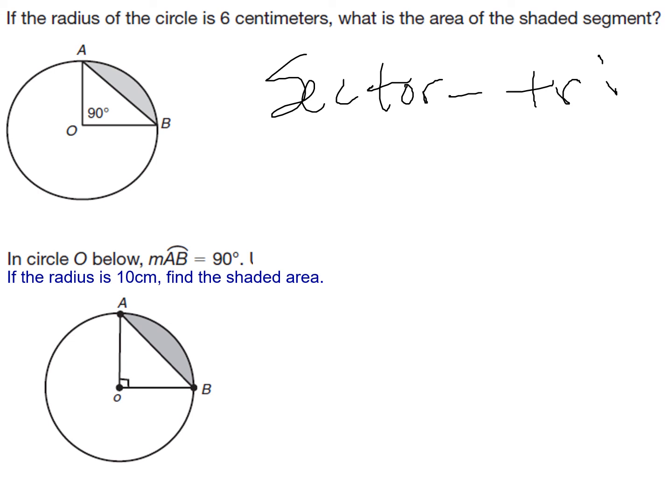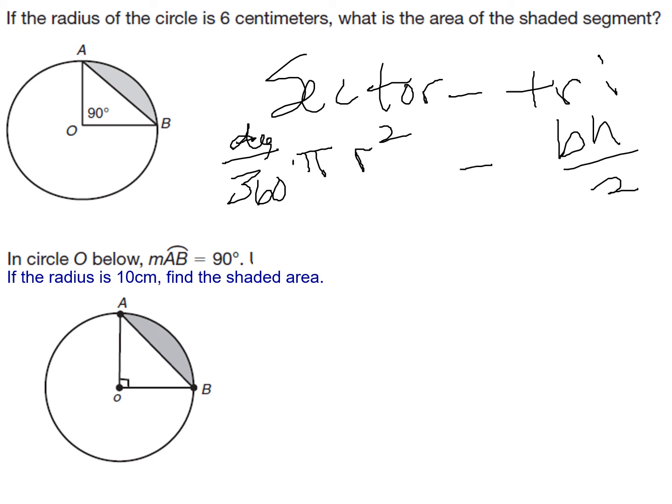All right, so what's the sector formula? The degree over 360 times pi times radius squared. And triangles, base times height divided by 2. All right, now watch what happens here. This has a radius of 6, so the 6 could be here and the 6 could be here, and we got a 90-degree angle right there.